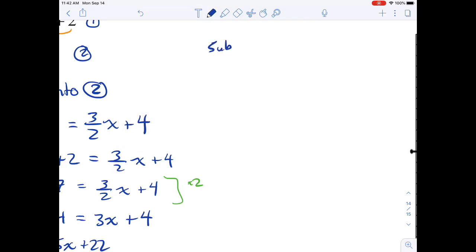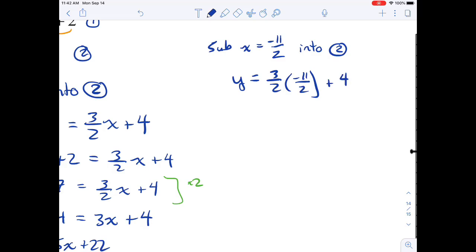I'm going to sub x equals negative 11 halves into equation 2. And I'm going to use equation 2 for all these substitutions just because that one is an easier one to substitute into. There's less calculation going on. So it tells us that our y value is 3 over 2 times negative 11 over 2 plus 4.